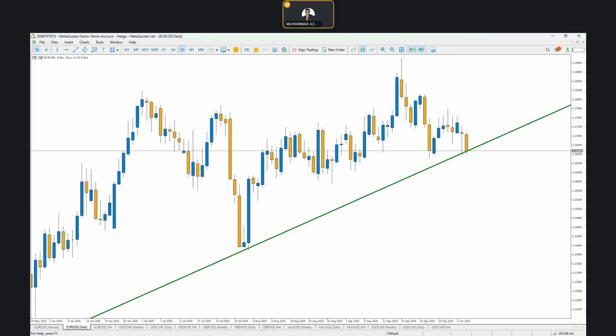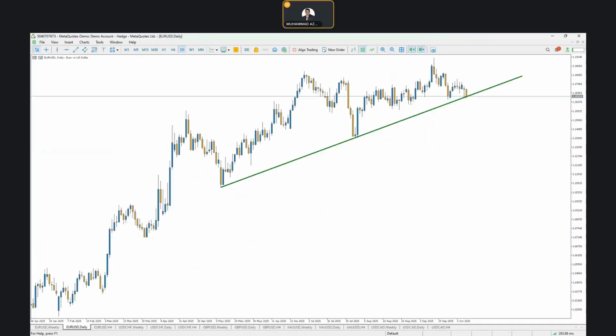So, decoding the dollar strength, the devil in the details. While the headline number was only slightly better than expected, the internal components of the report likely told a more hawkish story. The market moving catalyst was almost certainly a sharp rise in the prices paid index, which signals accelerating input inflation for manufacturers.